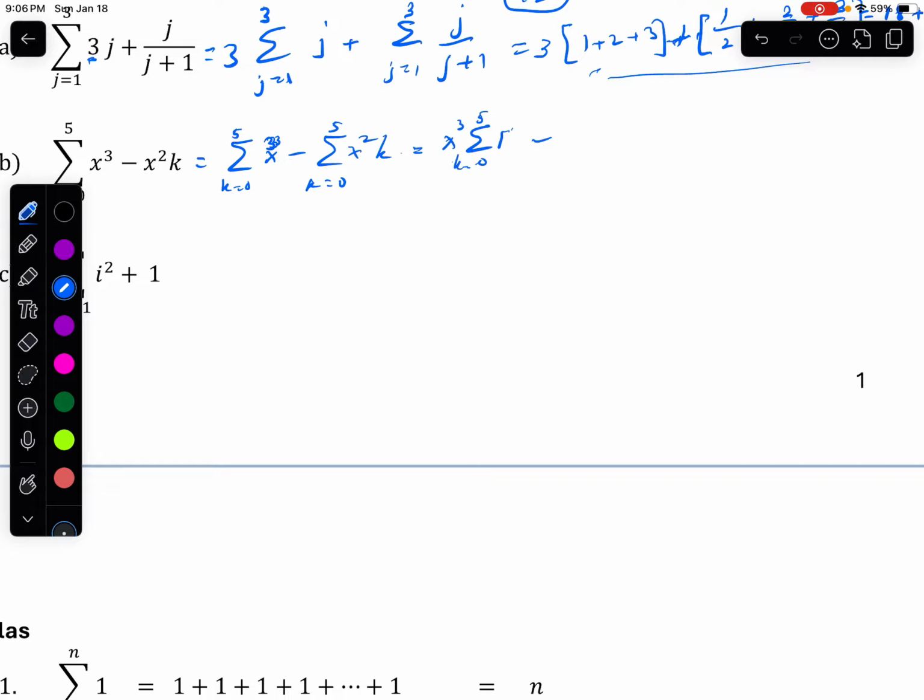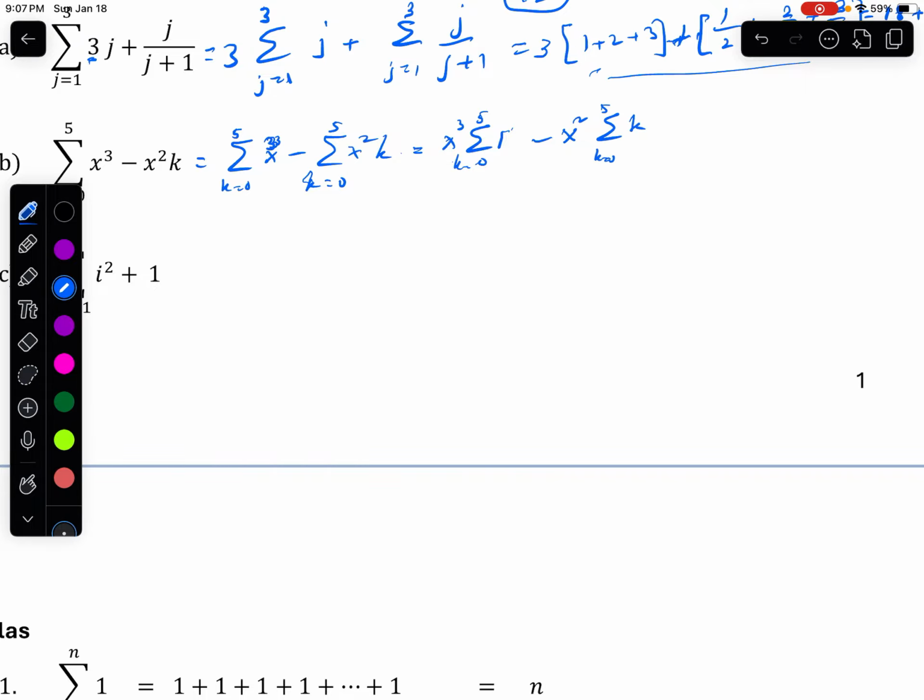Yes. Which one will it be, x square or k? Well, we look at the index, which is k, so k cannot be pulled in front of the summation sign. So it is the x square that will be pulled out. So we have x square times summation k, and k is going from 0 to 5.